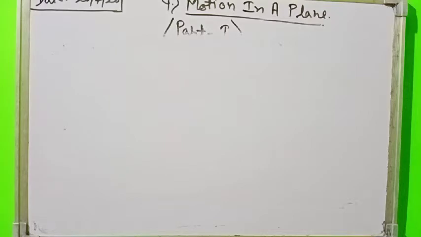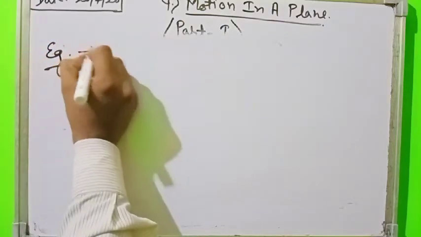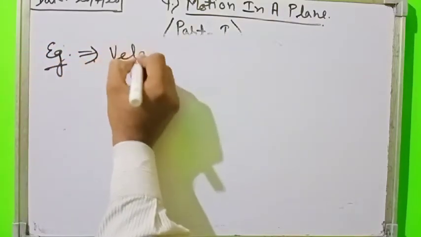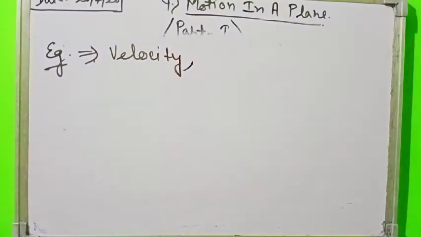Some examples of vectors are velocity. Velocity has magnitude as well as direction.